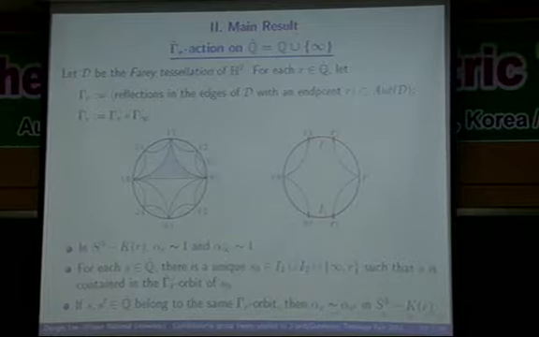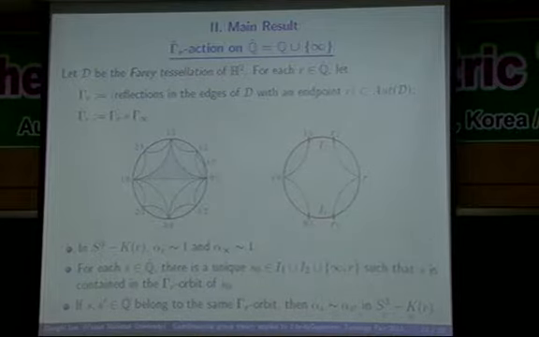And for each extended rational S, there is a unique S0, which is contained in the union of I sub 1, I sub 2, and infinity and R, such that S is contained in the gamma sub R hat orbit of S0. This implies that the union of I sub 1, I sub 2, and infinity and R is a complete set of orbit representatives for this action.